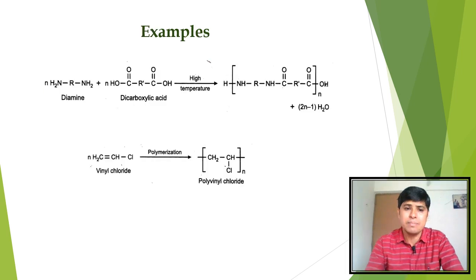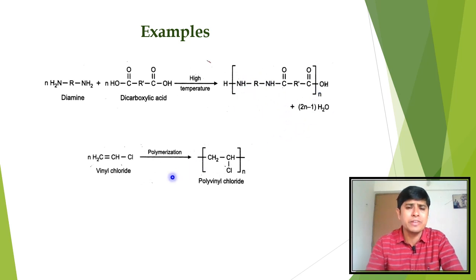But there are some examples. A diamine like hexamethylene diamine and a dicarboxylic acid like adipic acid will react with each other, and there will be formation of a polymer molecule with the loss of a water molecule.